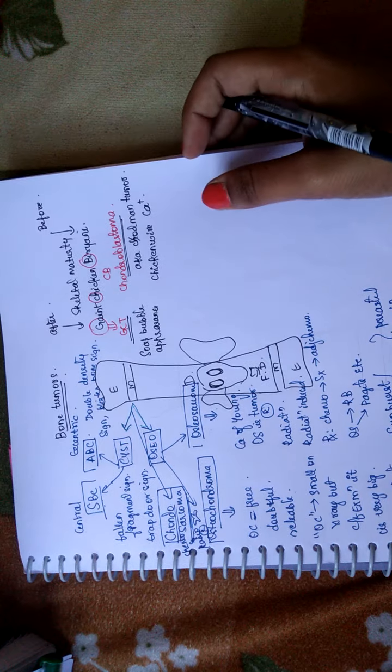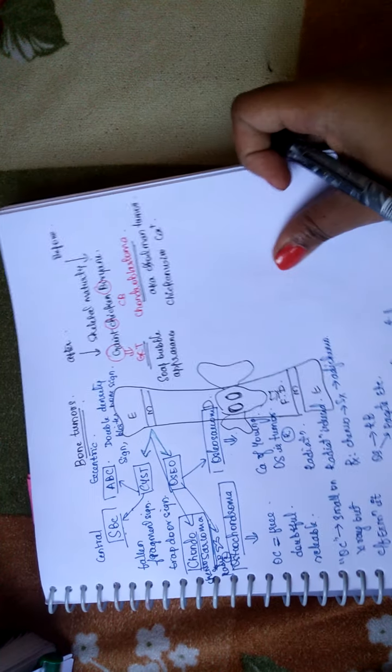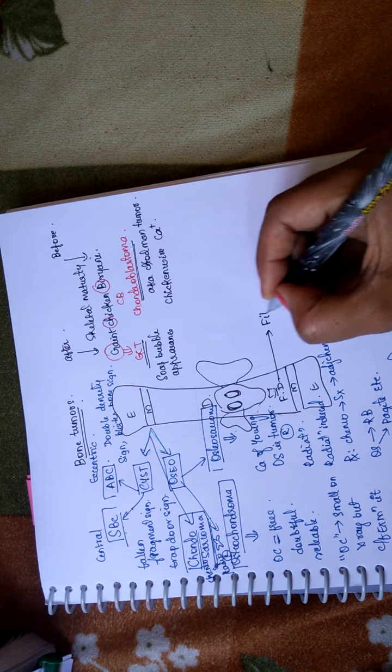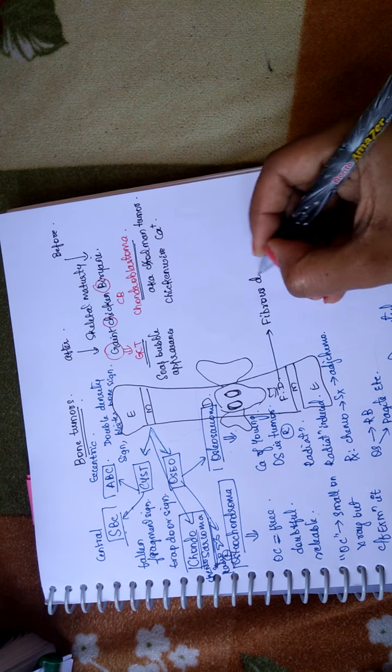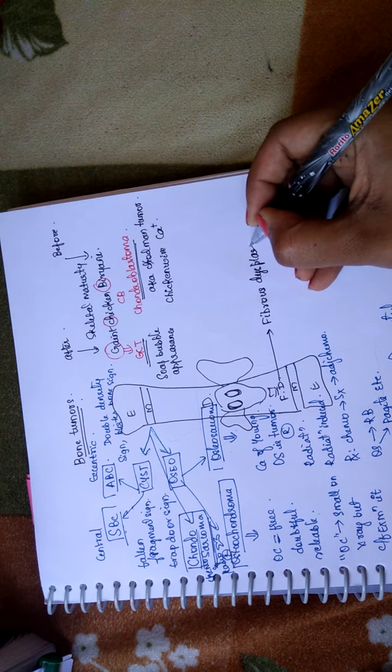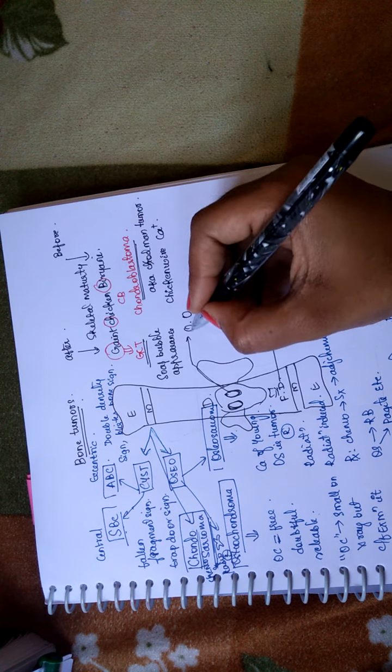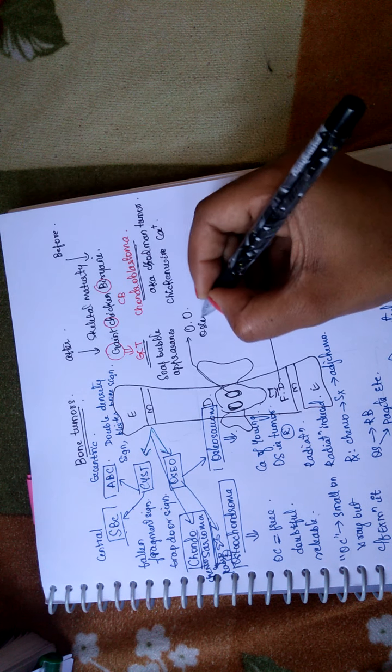He had done it. This is the story. Now let's learn the various tumors. FD is fibrous dysplasia. And the eyes are like O and O, that is osteoid osteoma.